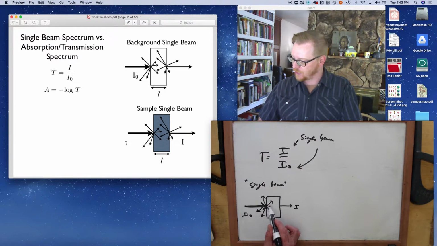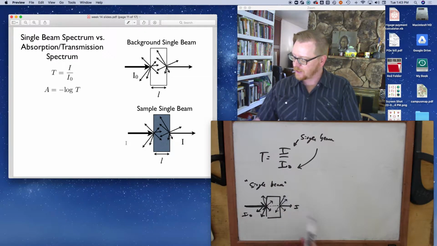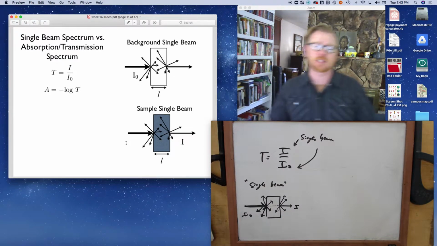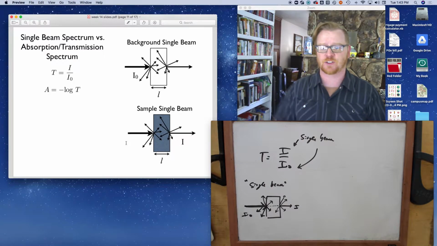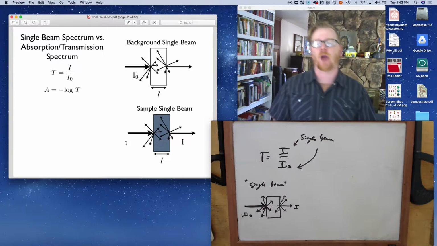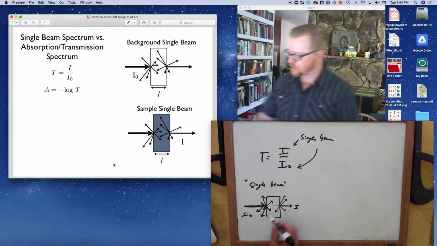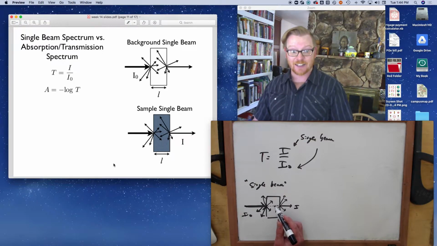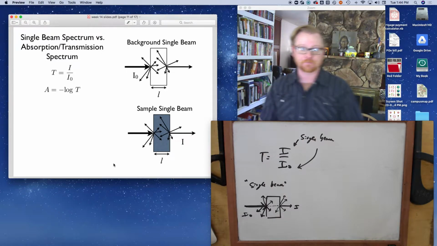Same as it transmits to the other side, we can also still get lots of diffuse reflectance and even some specular reflectance in case it is a nice smooth situation. Well, this creates a really big problem if you are really interested in what's going on inside the cuvette, okay?